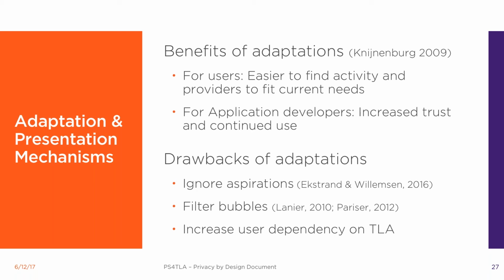So users may also become overly dependent on the TLA, and they may feel like they're no longer playing an active role in deciding what to learn. So it's important not to overdo it when it comes to these adaptations, and to give users an active role.